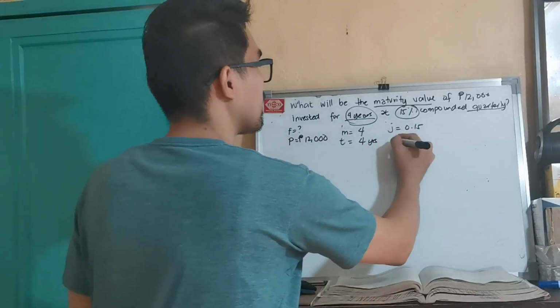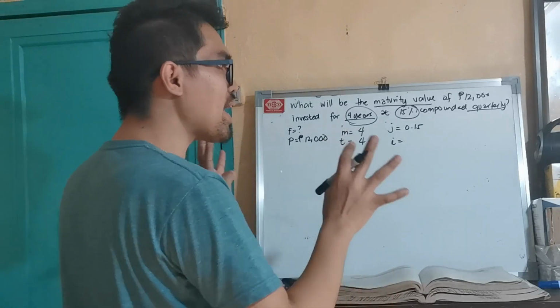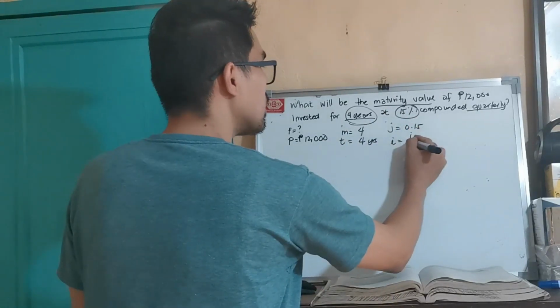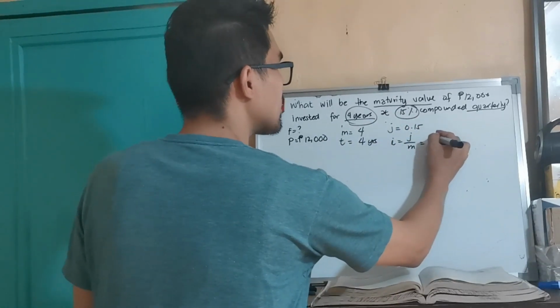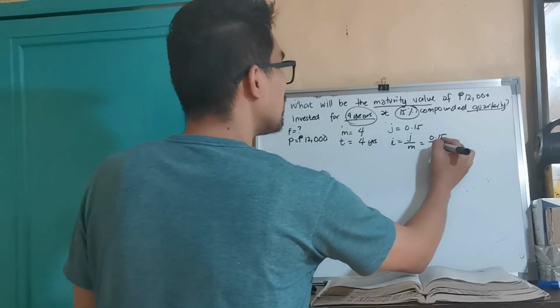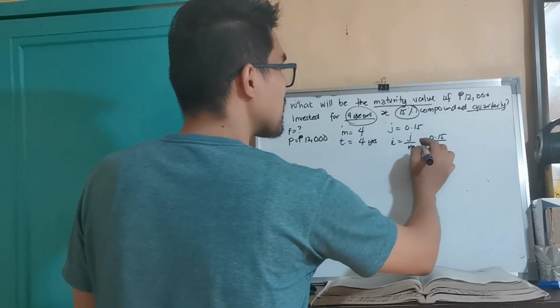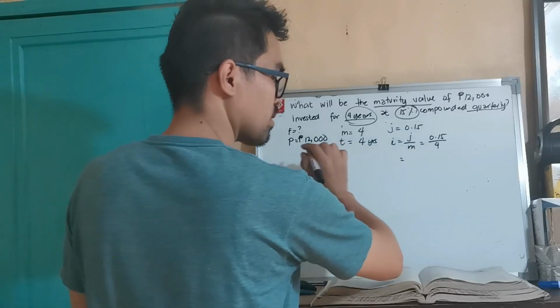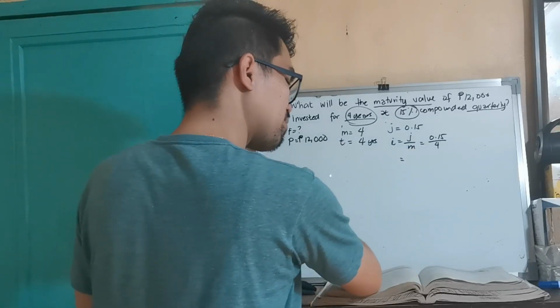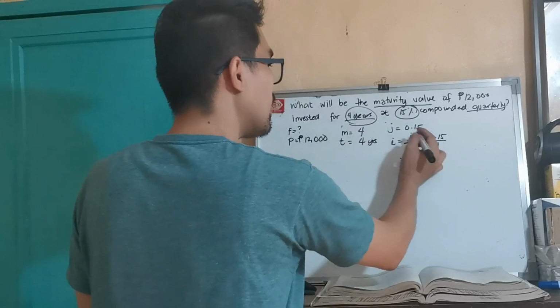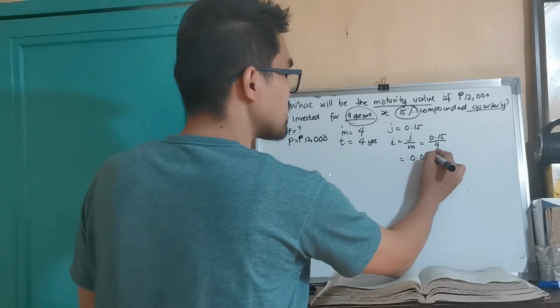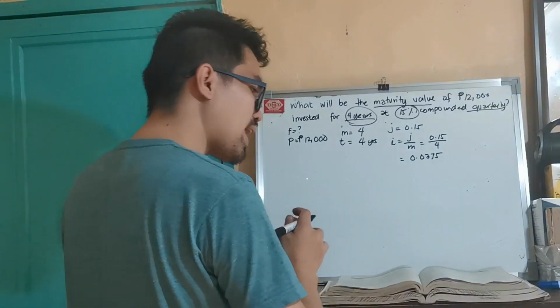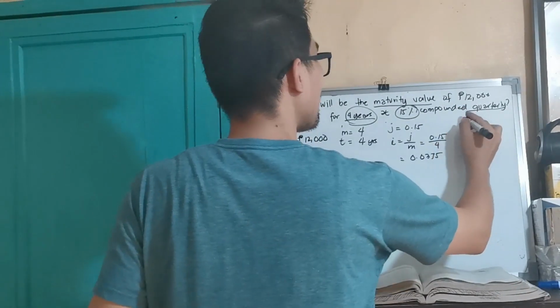Our I. Simply I, as computed, is J over M. So that is 0.15 divided by 4, which is approximately 0.0375.